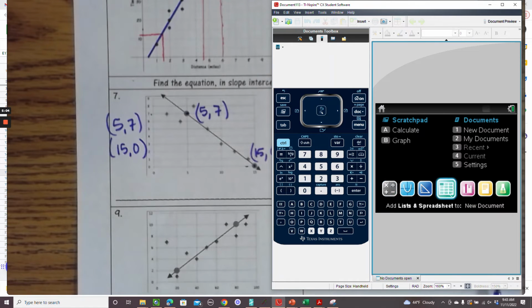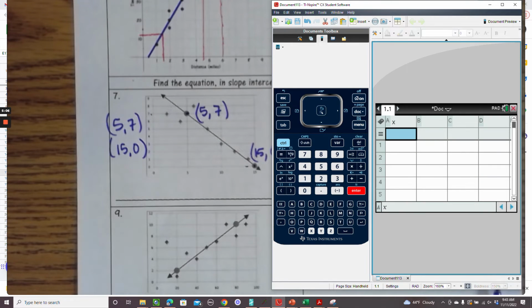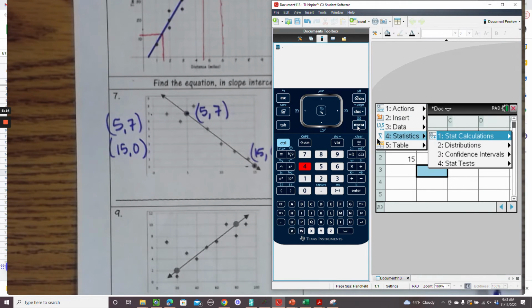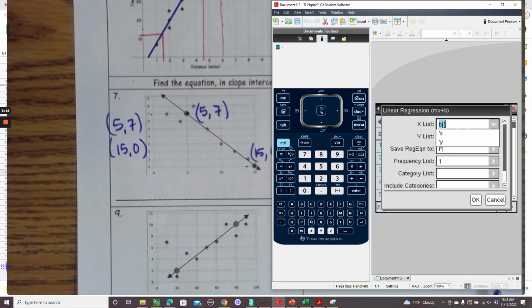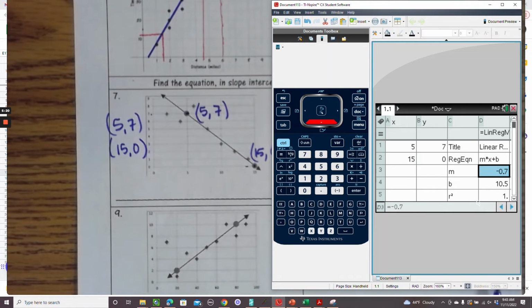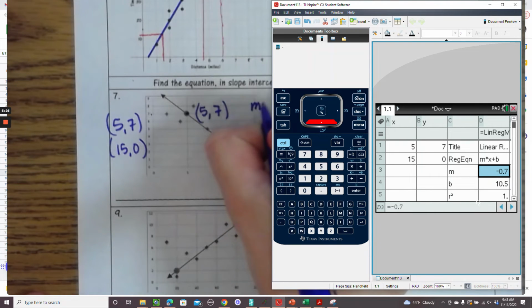We're going to do them in slope-intercept form too. So x and y, then we put our x's in, and we put our y's in. Menu, 4, 1, 3. Change the x list to x, the y list to y. And then make sure that you're changing your decimals to fractions. Here I got m is negative 0.7, b is 10.5.